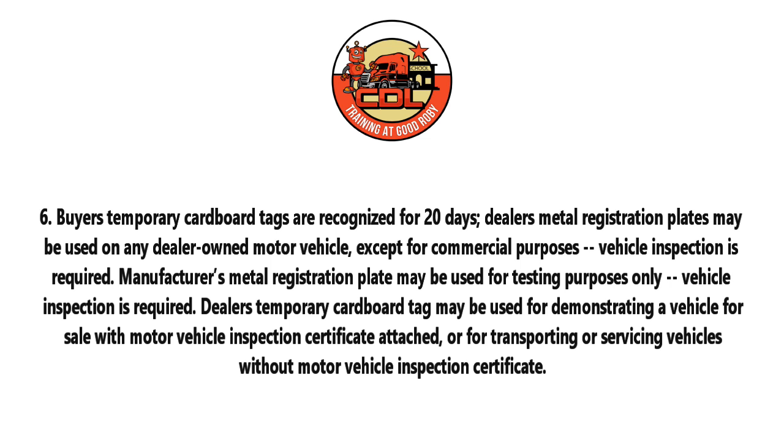Dealers' metal registration plates may be used on any dealer-owned motor vehicle, except for commercial purposes; vehicle inspection is required. Manufacturer's metal registration plate may be used for testing purposes only. Vehicle inspection is required. Dealer's temporary cardboard tag may be used for demonstrating a vehicle for sale with motor vehicle inspection certificate attached, or for transporting or servicing vehicles without motor vehicle inspection certificate.